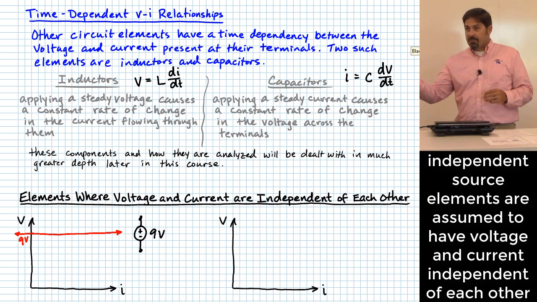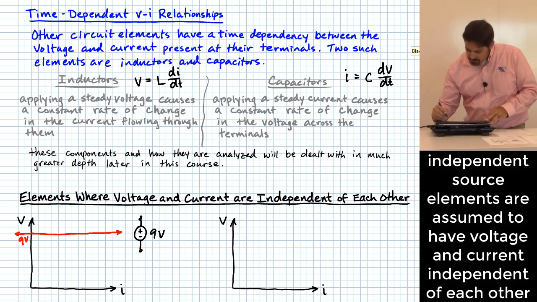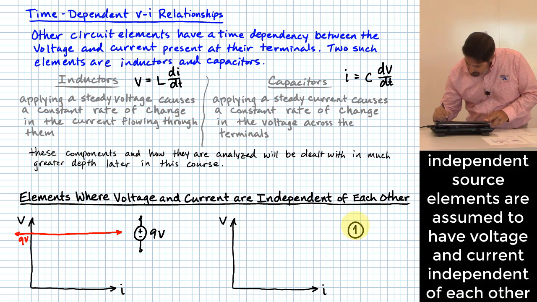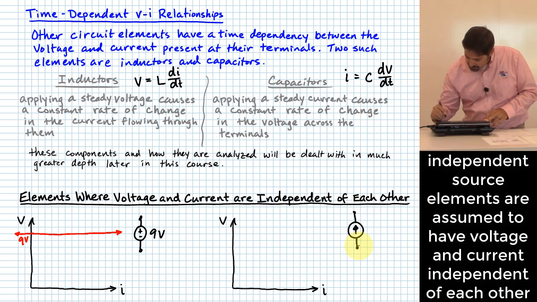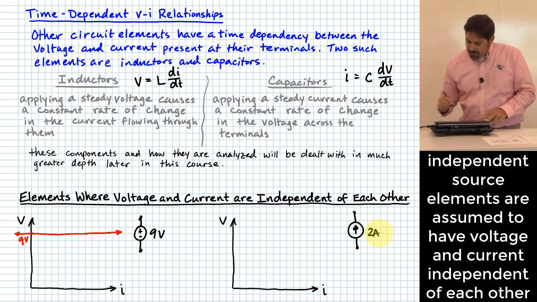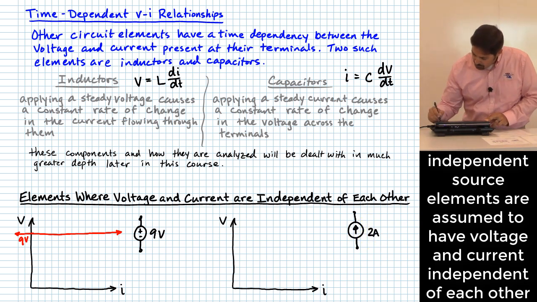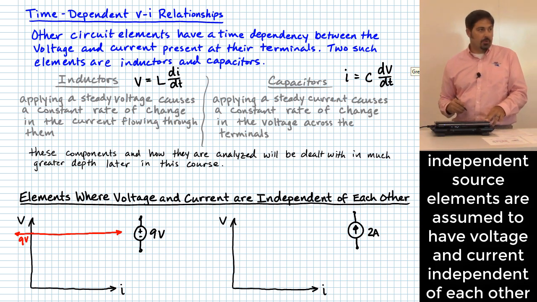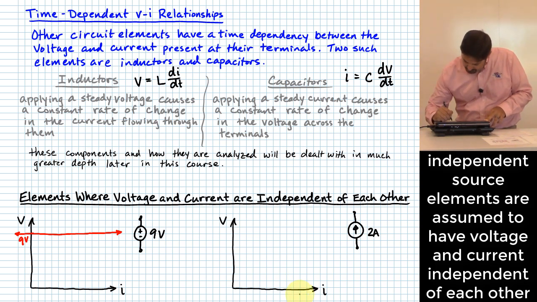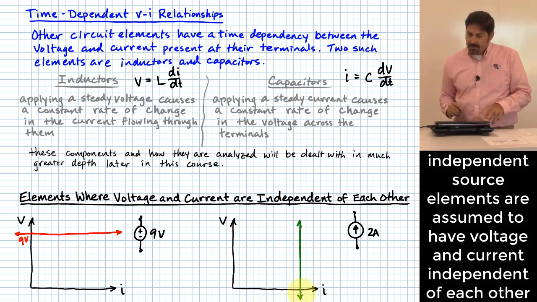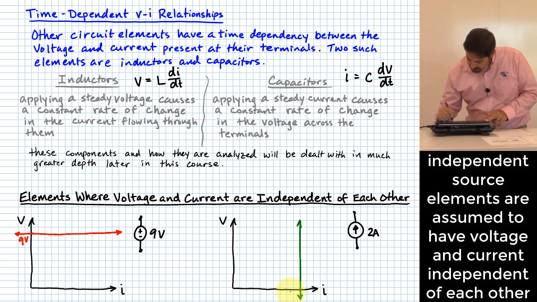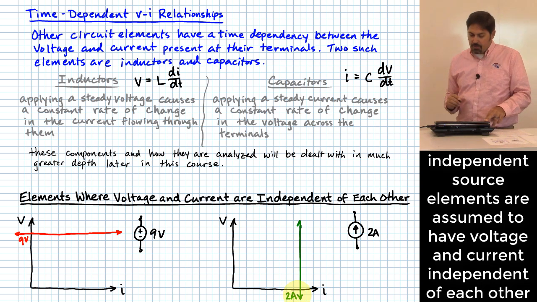Current sources is another element that we've already identified, right? So we could draw one of those here, a current source. For that current source, let's give it a value too. Let's say this is a 2-amp current source. What would that look like on this voltage-current graph? Kind of the same thing except vertical, right? It goes as far as you want, up and down. And that value would be 2 amps regardless of what happens in terms of the voltage across that element.